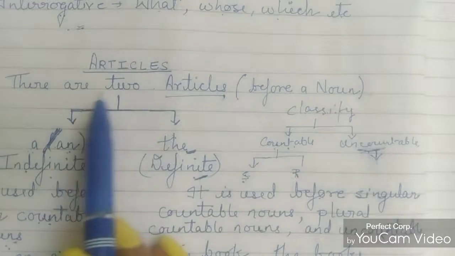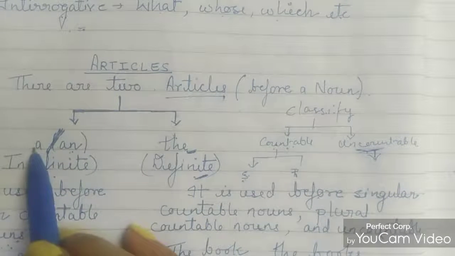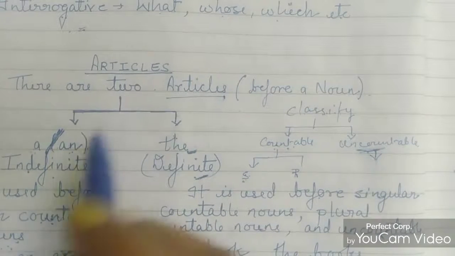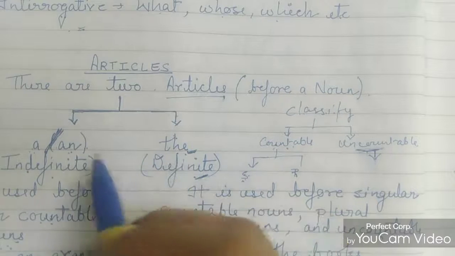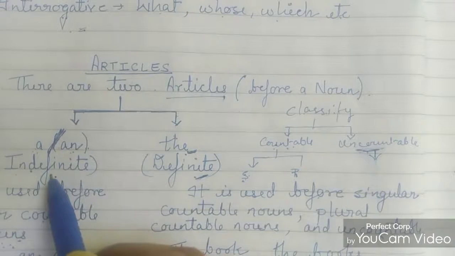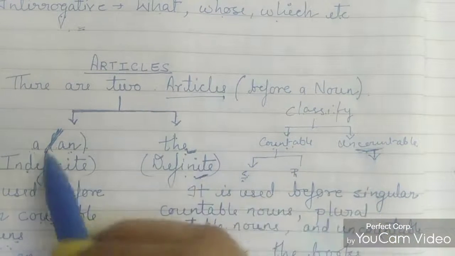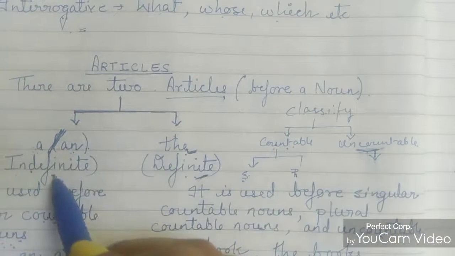Articles: there are two articles only, a or an, and the. A or an is called the indefinite article and the is called the definite article. A or an is called indefinite because it refers to an indefinite person or thing.